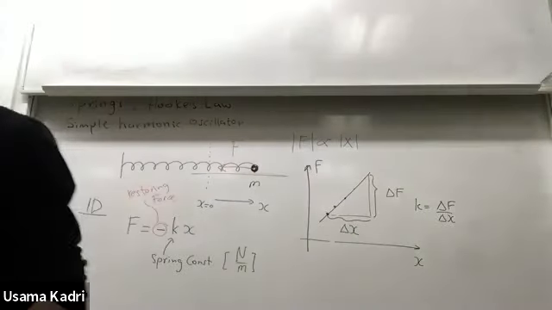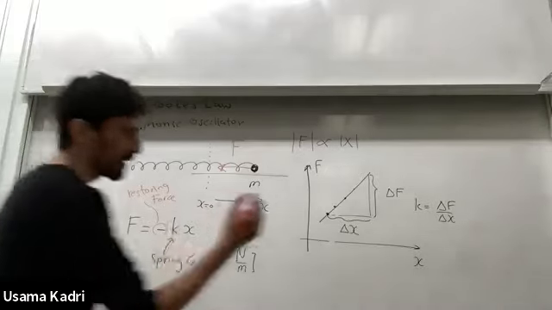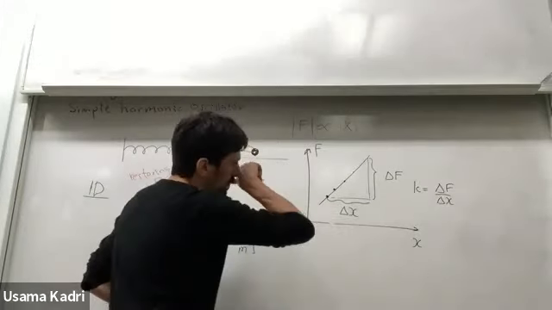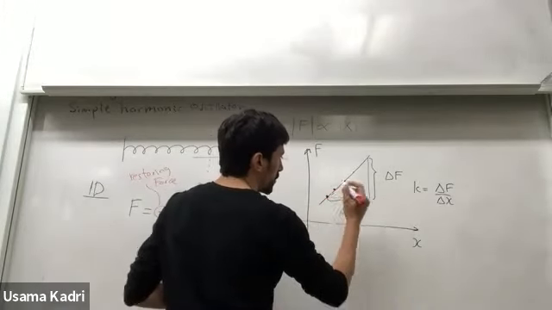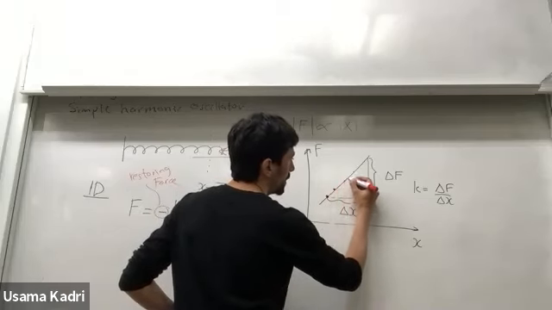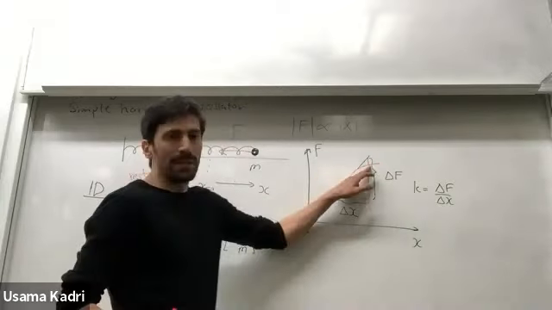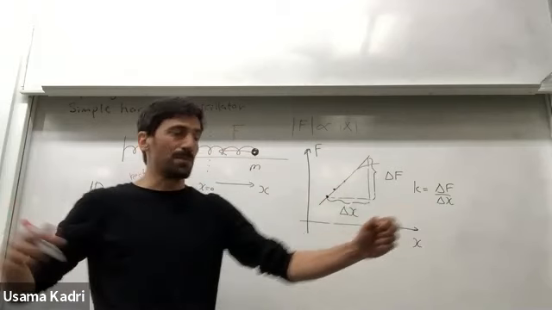In this case, what happens is that initially, I'm going to do this in red, if you stretch the spring too much, pull it too much, then initially it would follow this line, but at some point you add a little force and that makes a big displacement.